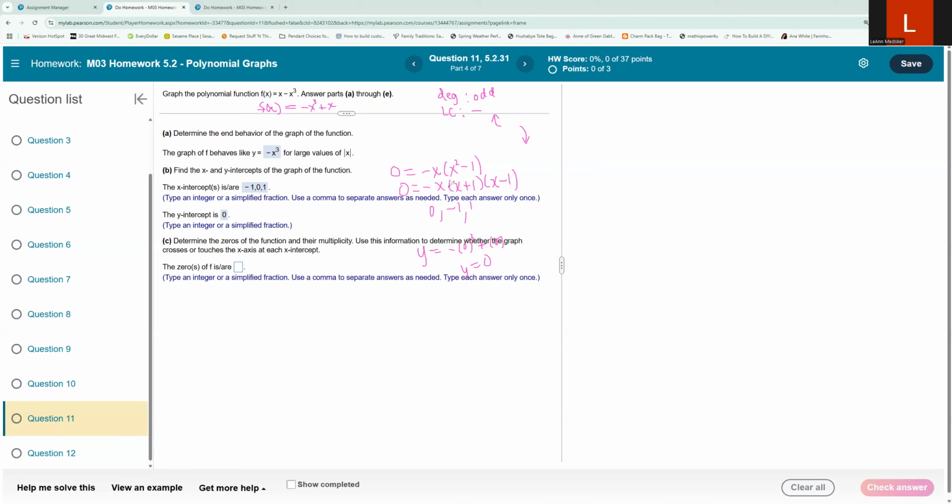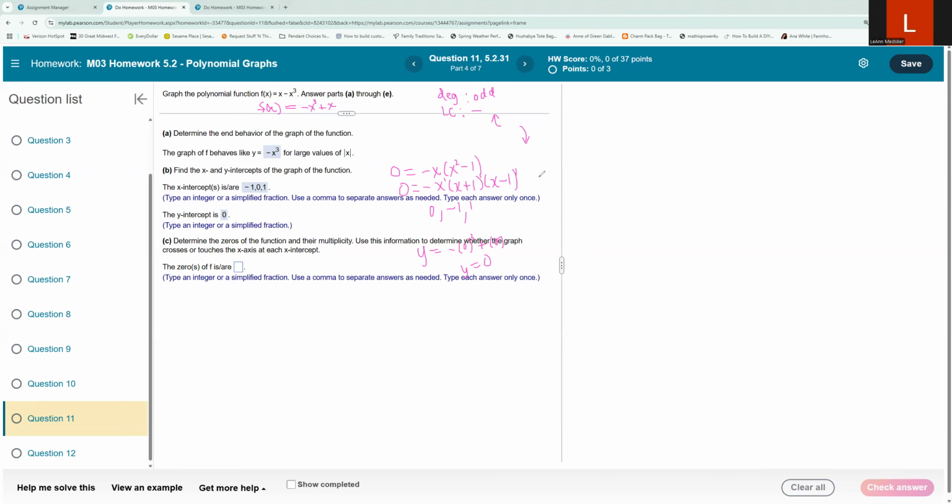But when we look at the actual individual zeros and how they function, you look at the degrees on each of these. Since these all factored into just one of each, they each have a degree of 1, or a multiplicity of 1. So that means when we go to cross or bounce, that's what we call it, if you have an odd degree, you cross the x-axis at that specific point.